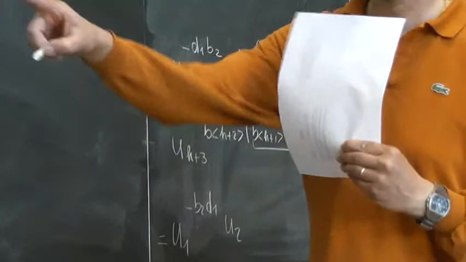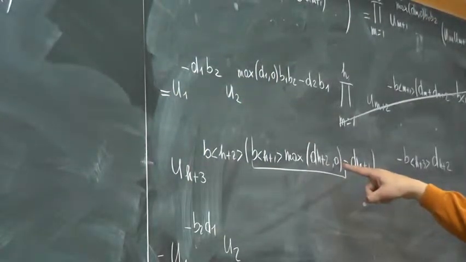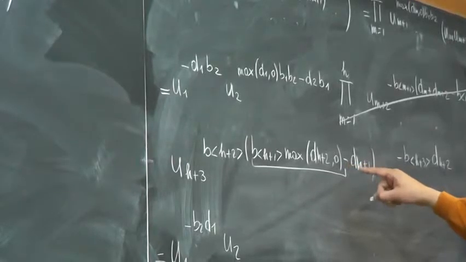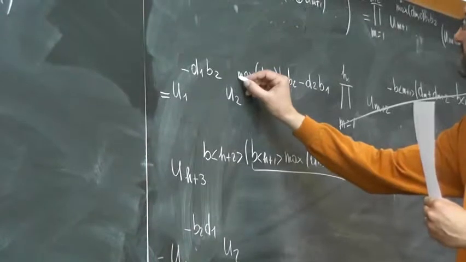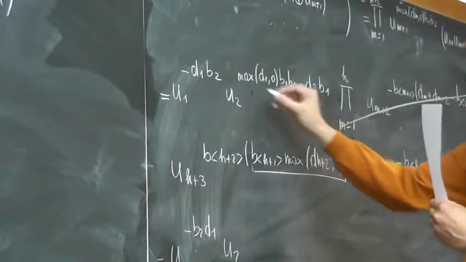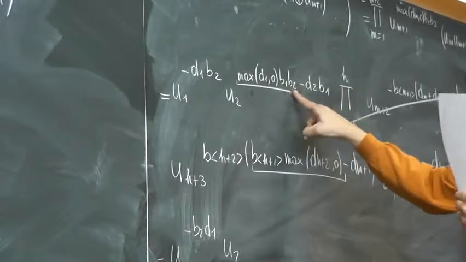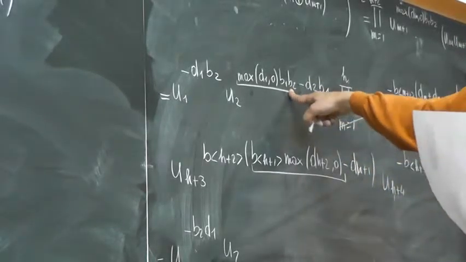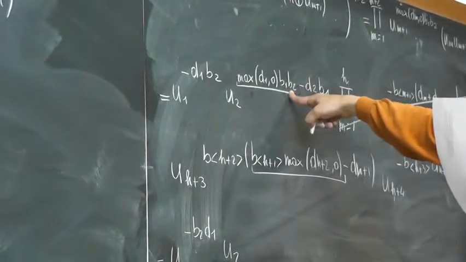From this relation. No, not this relation. Maximum d1 0. So n equals 0.